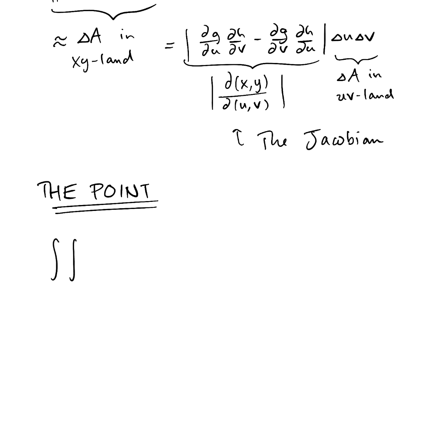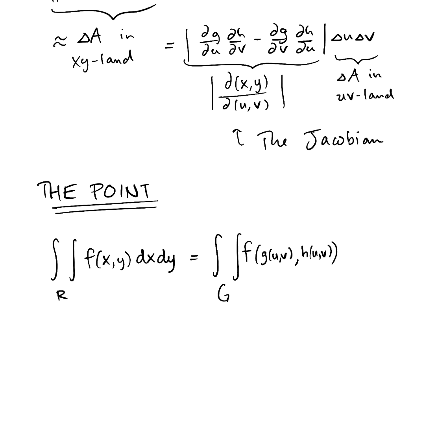If you're trying to do a double integral over R, over there in XY land, so you have some function with x's and y's in it, and you're doing it, say, dx dy. If you wish to compute that integral in terms of the letters u and v, you're integrating over g. And everywhere you see an x, you have to put little g of uv, and everywhere you see a y, you have to put little h of uv, because that's what x and y are in terms of u and v.